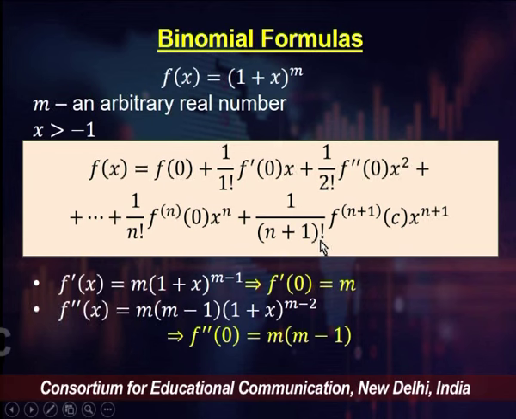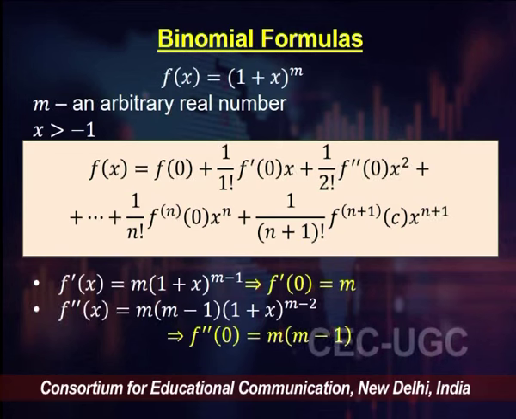And then we have the remainder, which is 1 by n plus 1 factorial, the n plus 1th derivative at c, for c between 0 and x, times x to the power n plus 1. We've already covered this formula in the first part of the video.